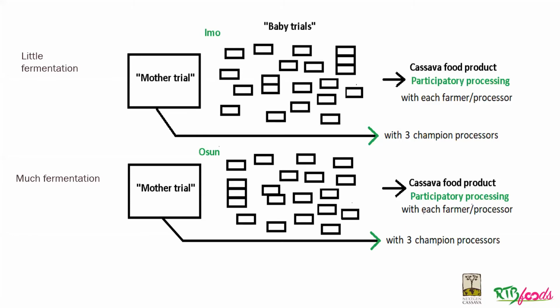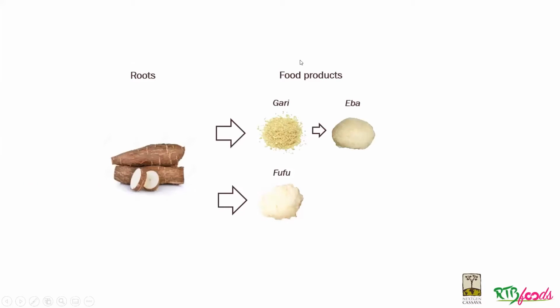And as you see, we had the mother trials where we used 3 champion processors, people very renowned in the community to be very good in processing. And we had the baby trials, and we also evaluated food products from those baby trials. In each state you had 20 baby trials and 1 mother trial. And the evaluation of the baby trials was with each farmer, with each participant. So this was what's happening.